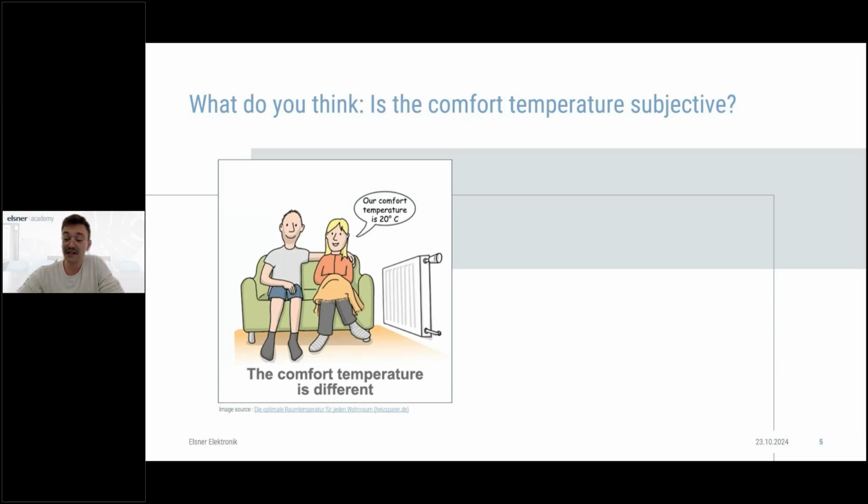The thing is, we need to avoid drafts and we need to avoid harsh temperature differences because this is perceived as unpleasant by most people. Therefore, today we would like to deal with the individual room control because people's sensation of warm varies greatly.